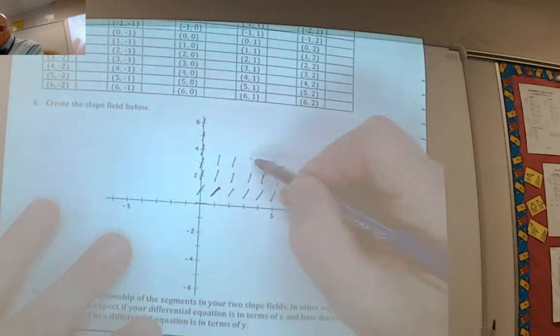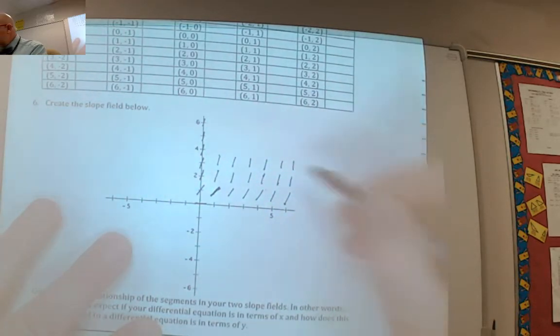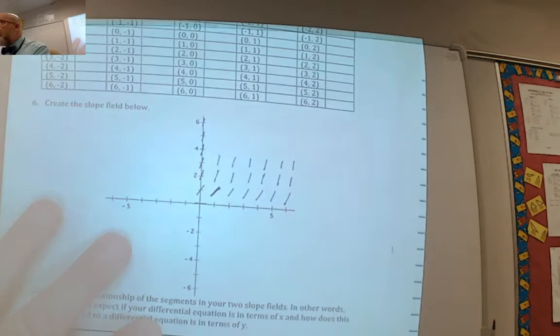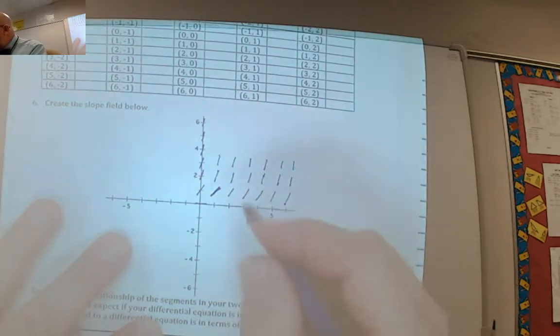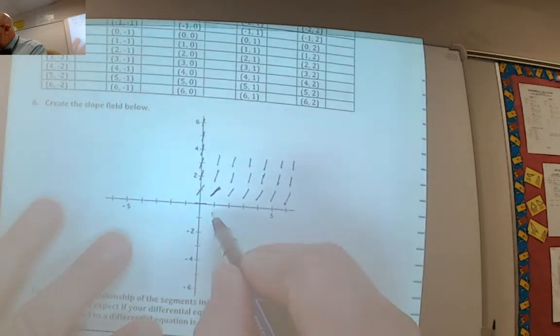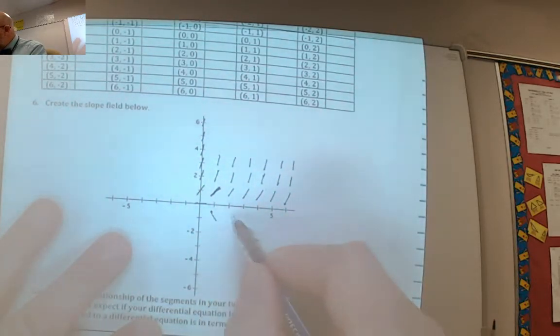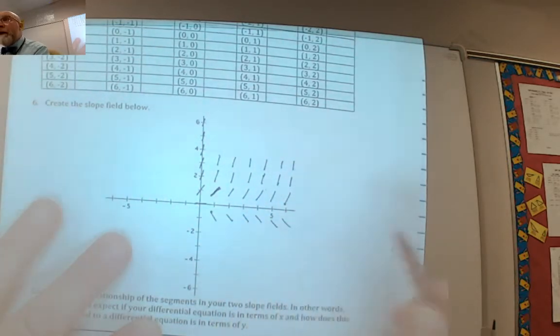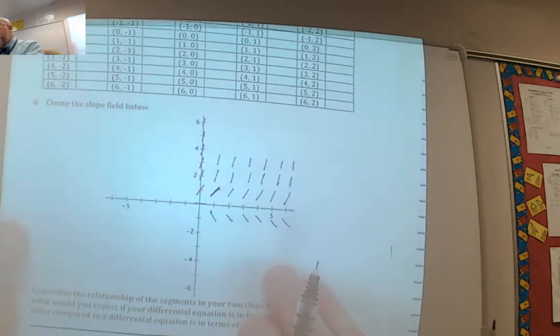Do we go up to 3? No, that's it. I meant the points on the back. We're not there yet, so it's fine. I'll get to there. And then this should have been a negative 2, correct? So it goes like this. All right, can I switch to the next page?